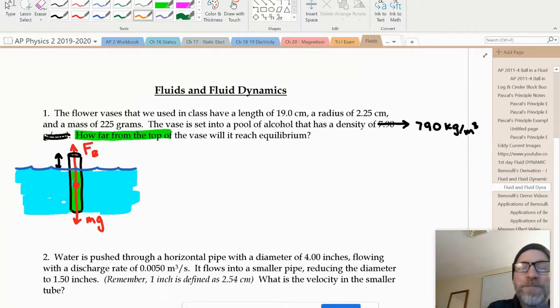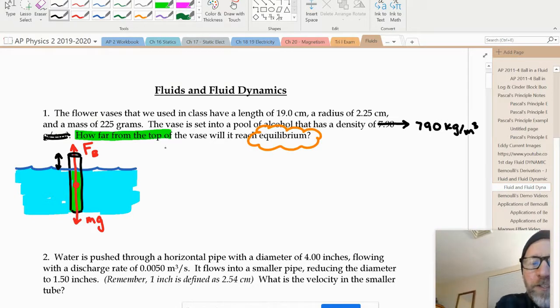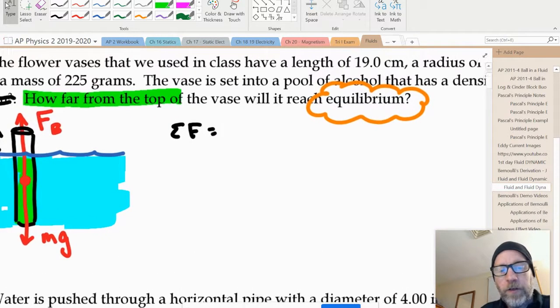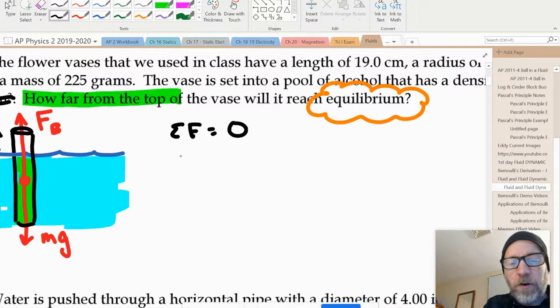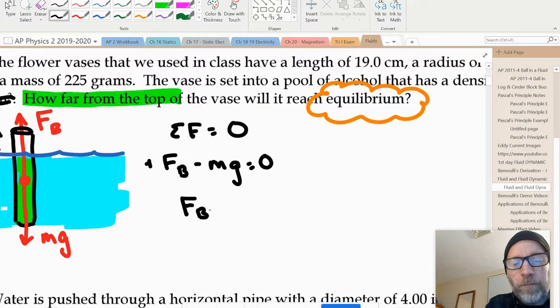Oh, wait, what's the magic word? Did you hear it? Equilibrium. So the sum of the forces is going to be equal to what? That's right, 0. So we're going to have the buoyant force up minus the weight down. So the buoyant force is going to be equal to the weight.